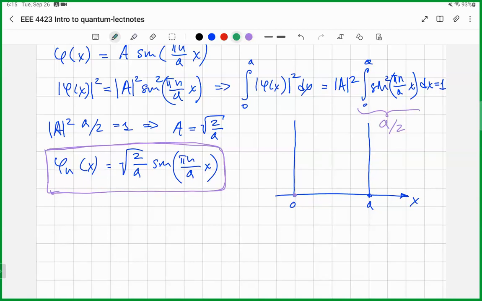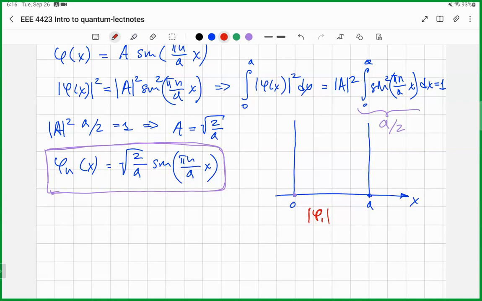So our solution is just sine. Now I want to plot schematically the modulus of phi. For example, the first one is phi 1. Let's plot it in red.